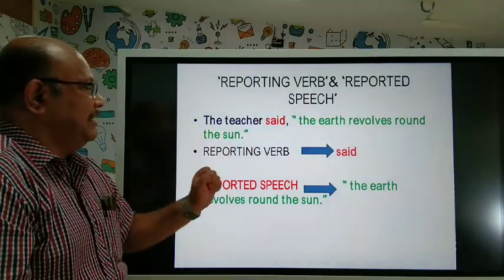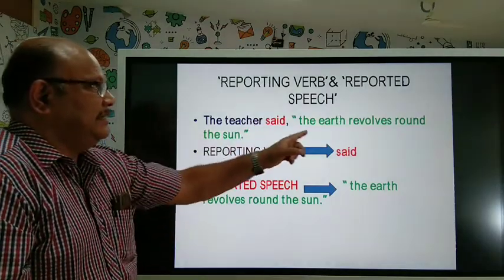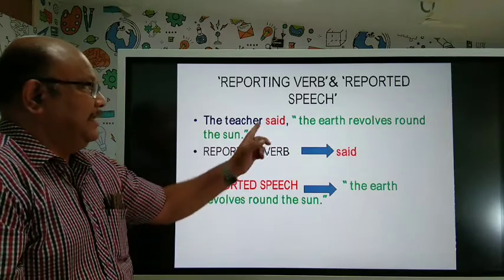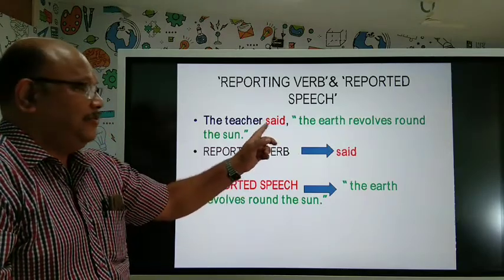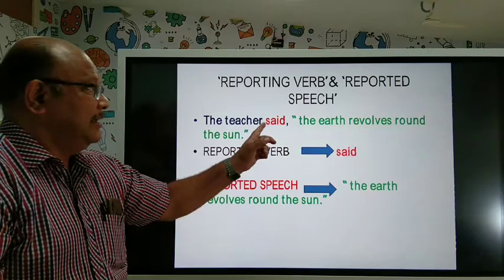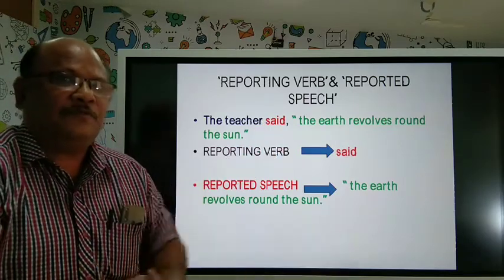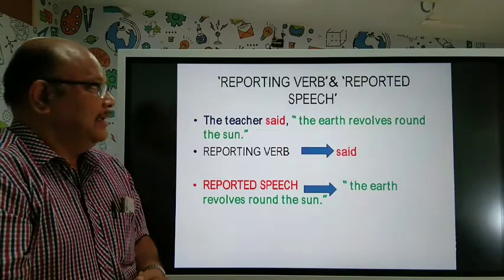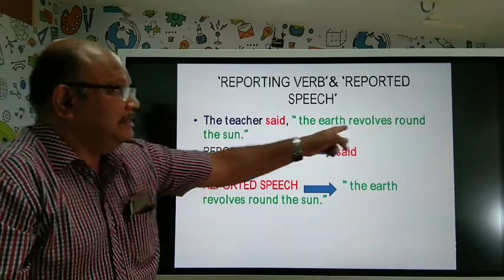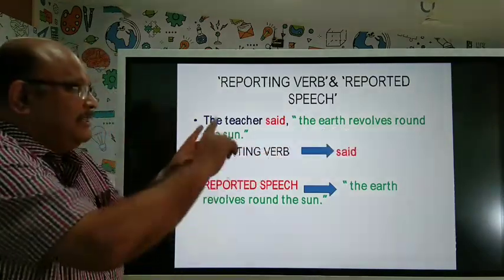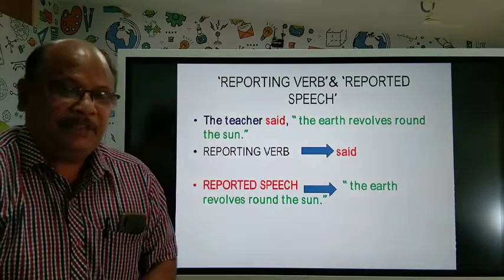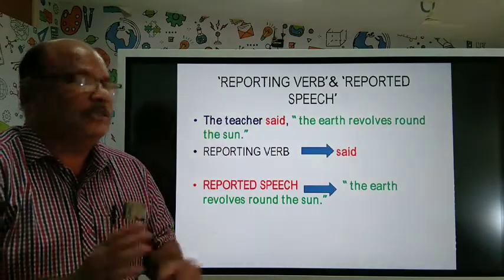Look at the example. Teacher said, the earth revolves around the sun. Here the verb said, which is given in red, is a reporting verb, because it is reporting the speech of somebody. And the earth revolves around the sun, which is given in inverted commas in green letters, is called a reported speech.